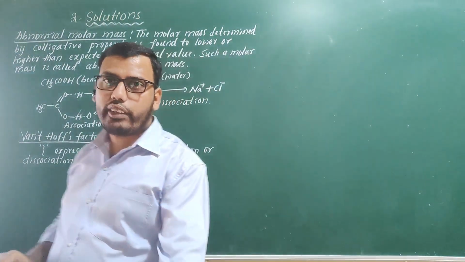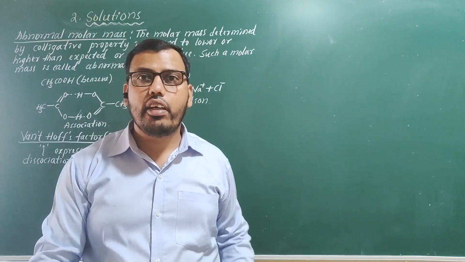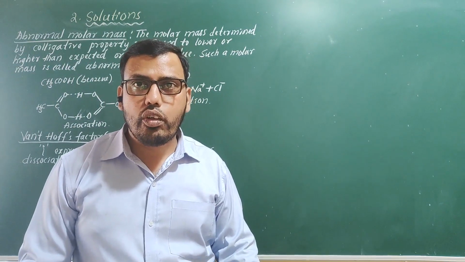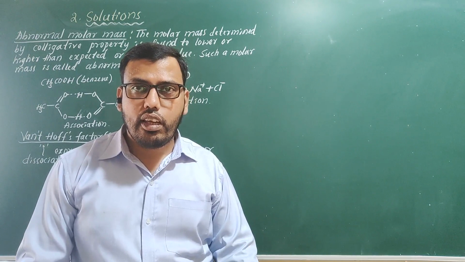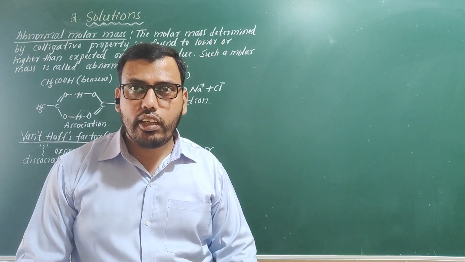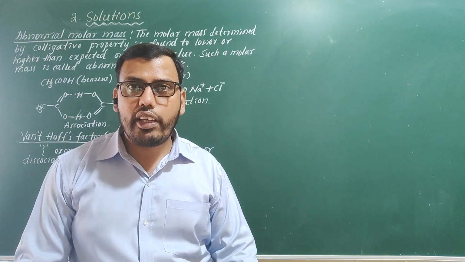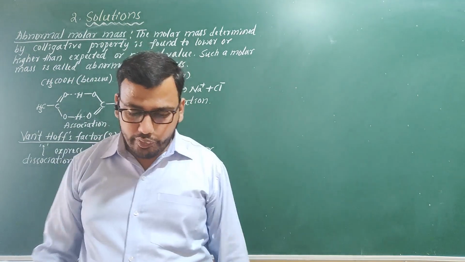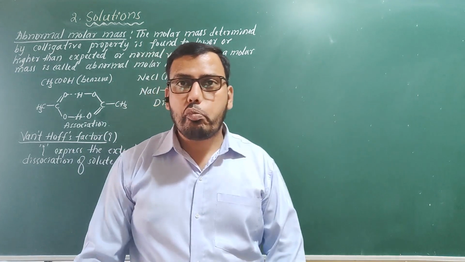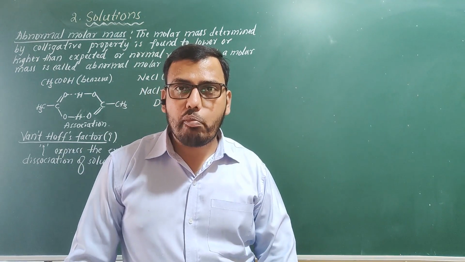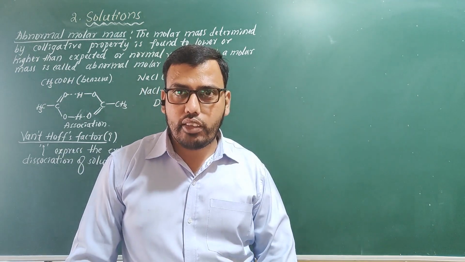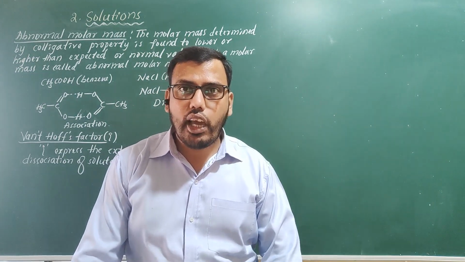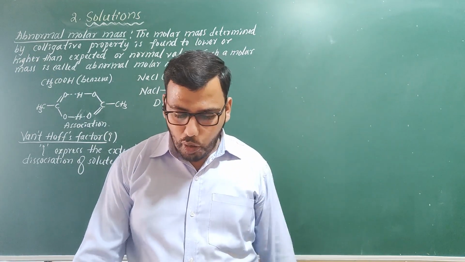Van 't Hoff's factor i is the ratio of normal molar mass to abnormal molar mass, or we can also define i value as the ratio of observed colligative property to the calculated colligative property.